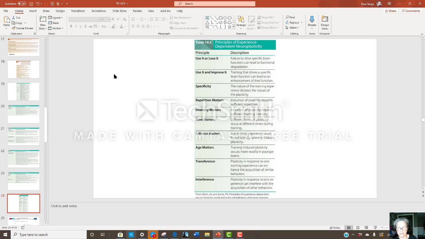So transference, plasticity in response to one training experience can enhance acquisition of similar behaviors. Interference, plasticity in response to one experience can interfere with the acquisition of other behaviors. So enhance and interfere.